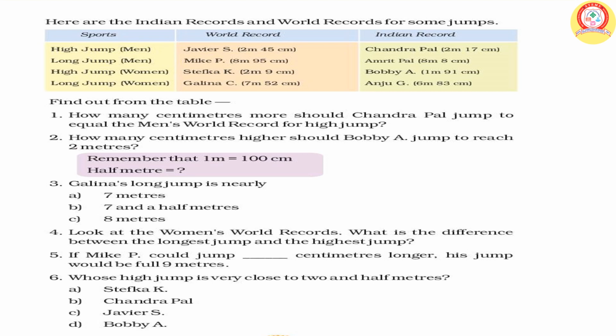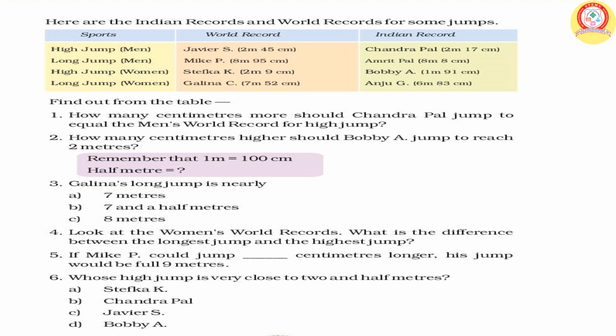So 8 meter is equal to 800 centimeter plus 95. So we will get 895. So 9 meter is equal to 900 centimeter. So Mika P could jump 5 centimeter longer.